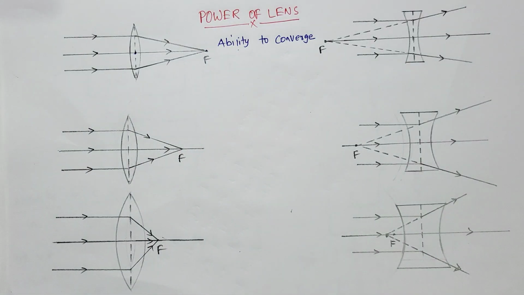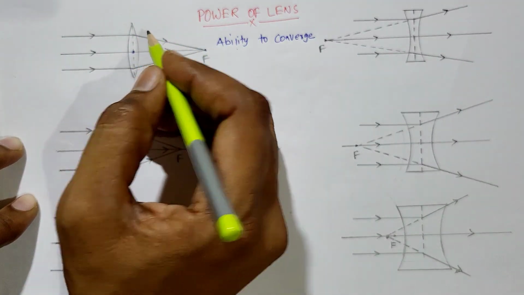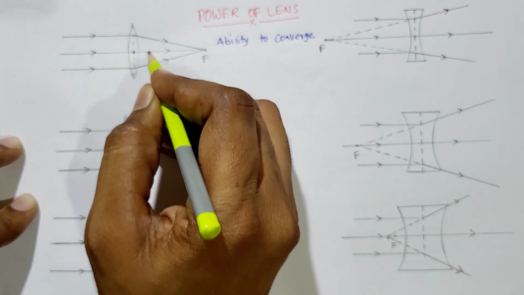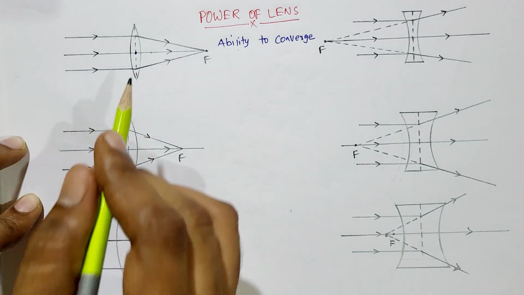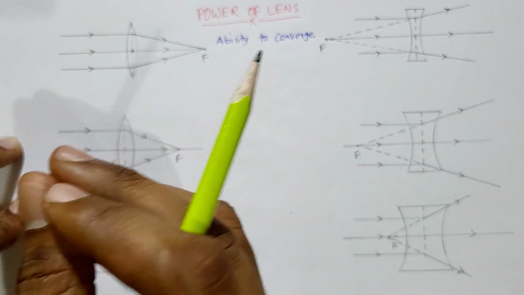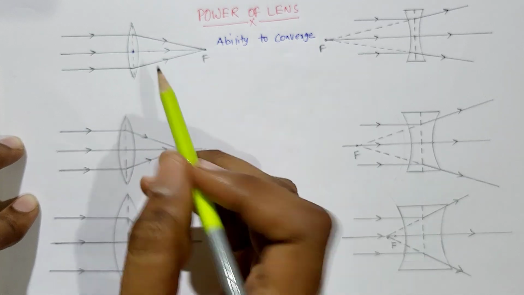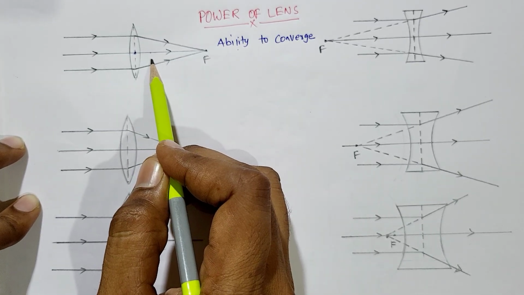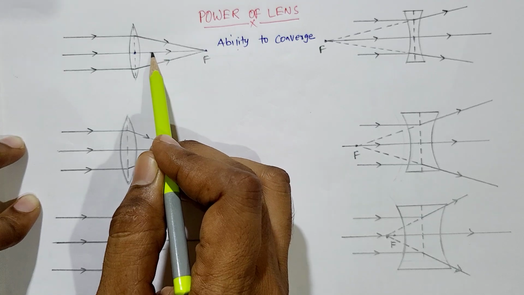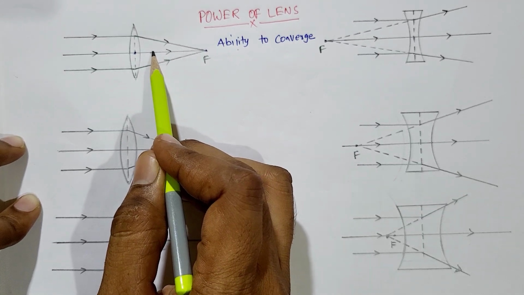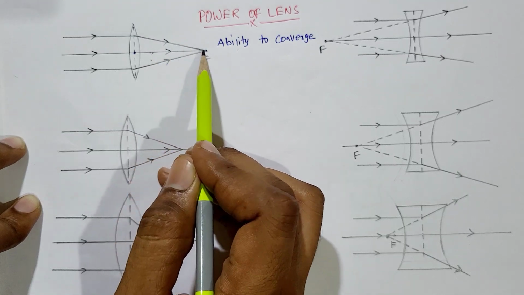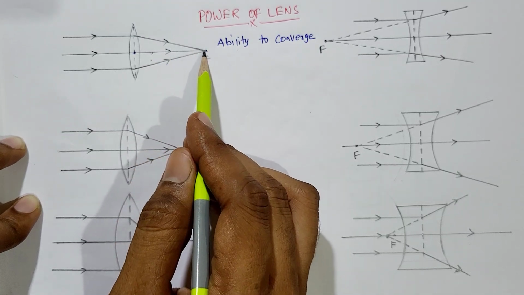If the focal length is high, it is unable to converge the light rays to a point which is nearby. If this lens has more power, it means more ability to converge. Then all light rays will be converged at a nearer point. But this lens is unable to make the light rays converge at a nearer point. They are converging at a farther point, correct?